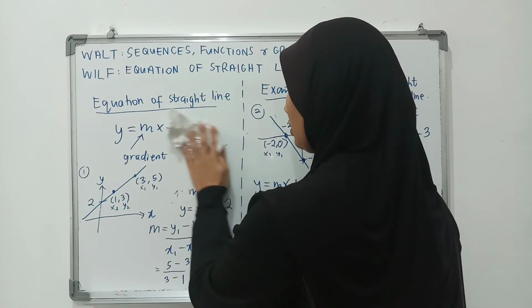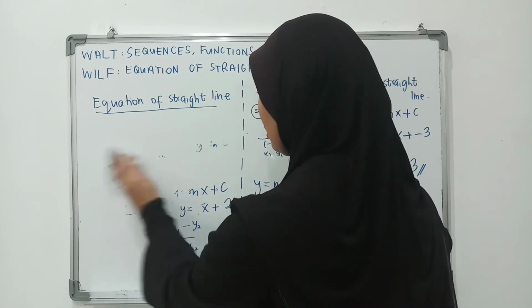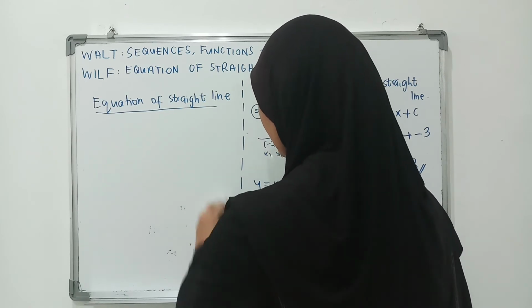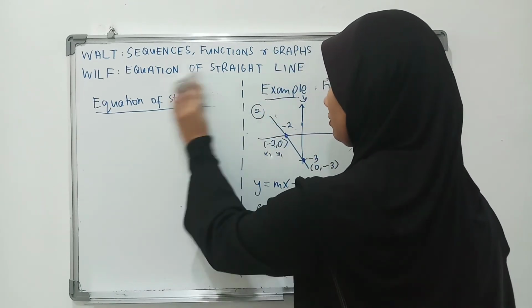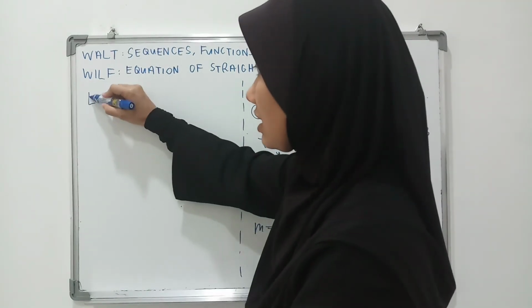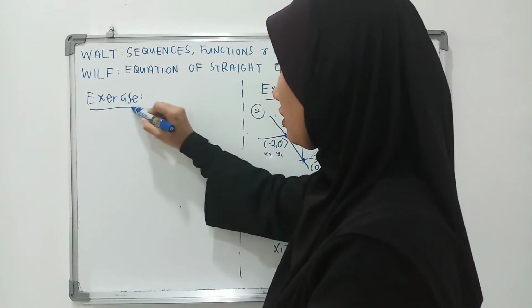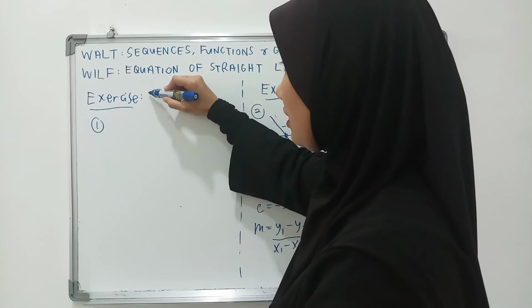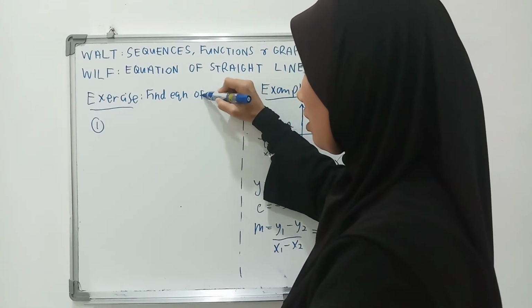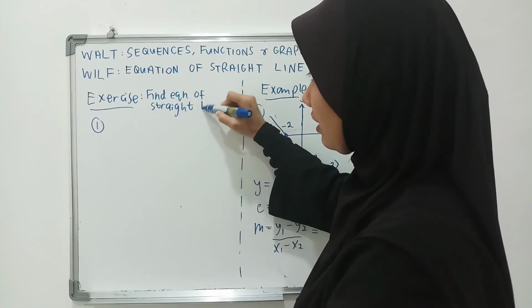Okay, now I erase. So this is your exercise. Copy and do. First one, find equation of straight line. Find equation of straight line.